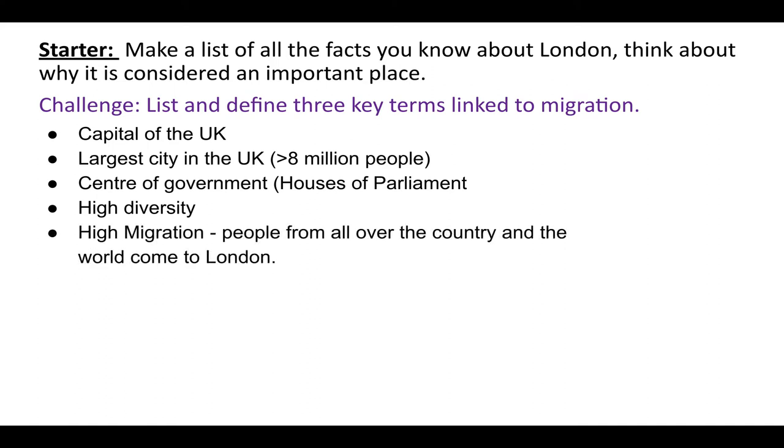We have high migration, okay? There's lots of people who come from all over the country and all over the world who come to London, whether that's to study, to work, to be reunited with families, for opportunities, whatever reasons they are, and we're going to explore some of those today. There are lots of jobs available, so there's a high employment rate in London.